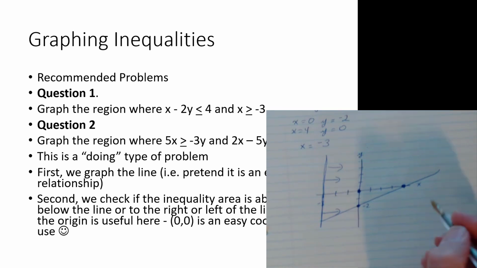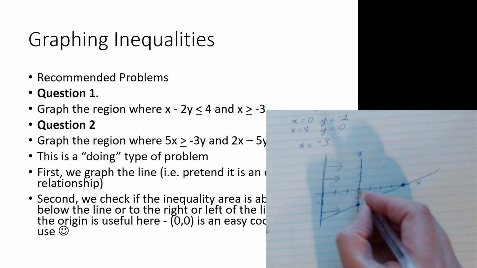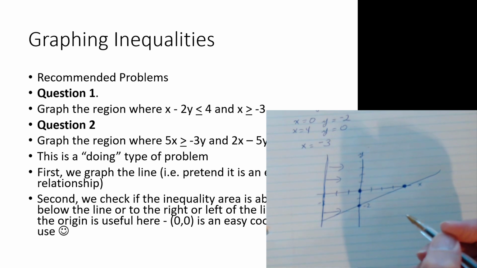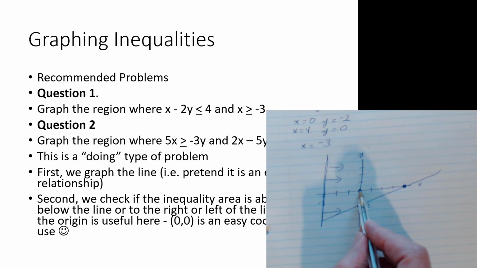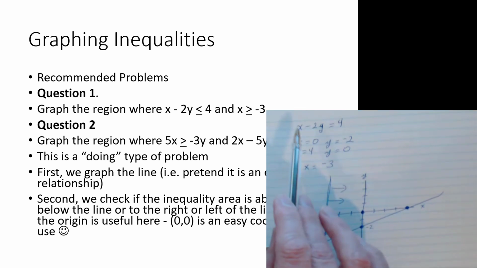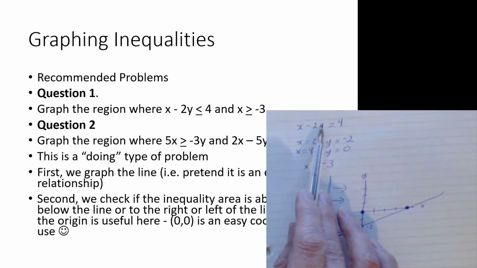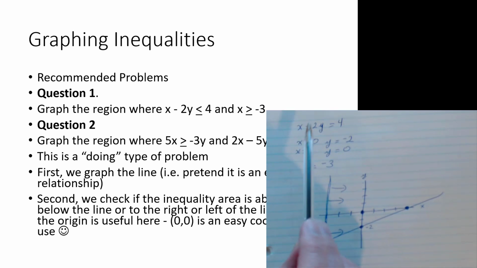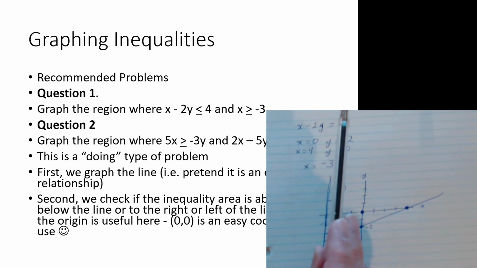Now this one, I use the 0, 0. So I think of this as where x minus 2y is less than or equal to 4. So if I look at 0, 0, I basically take the original equation and plug zeros in there. x is 0, y is 0. So 0 minus 2 times 0, which is ultimately 0.